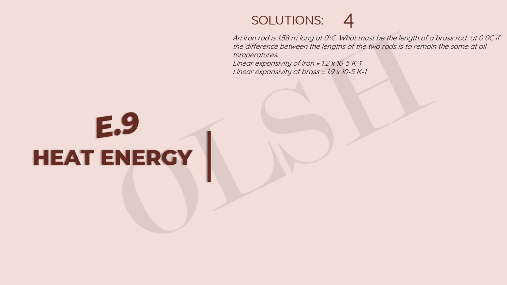Let's say L1 for iron is 1.58, and for brass, let's assume L1 is 2.58. So L1 is 2.58 for brass, and this is at T1 for both of them, which is 0 degrees Celsius.